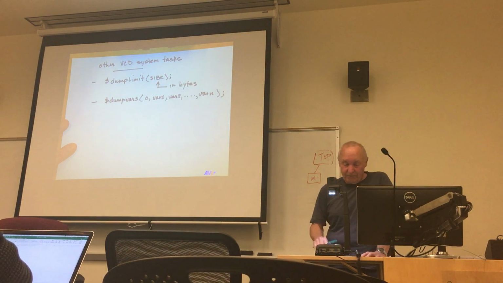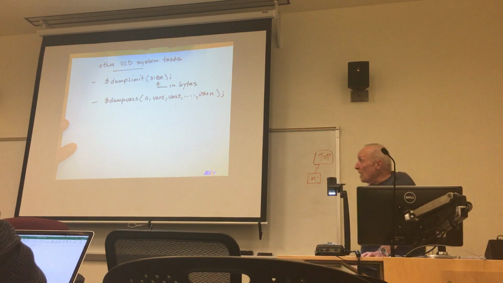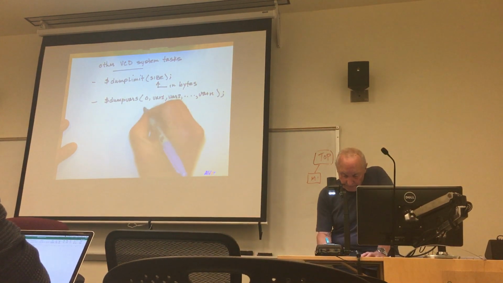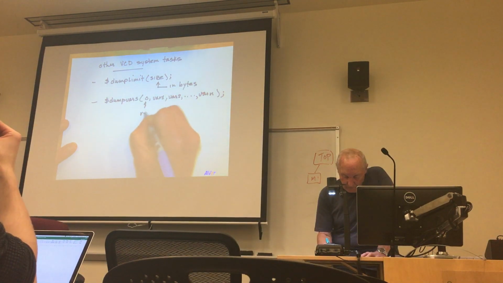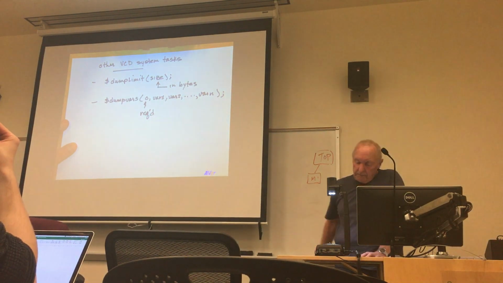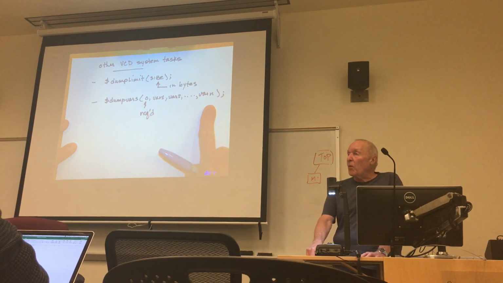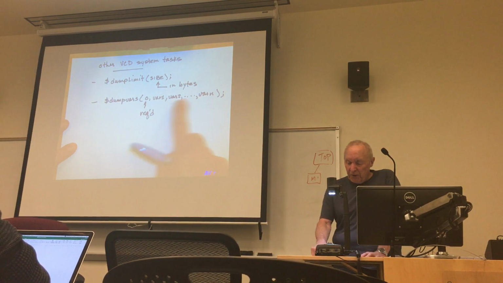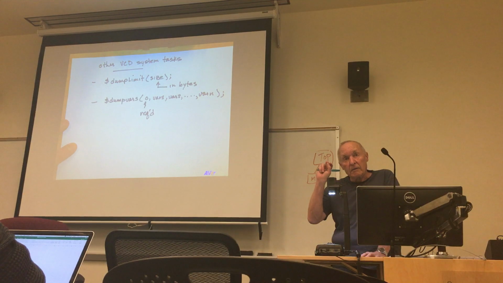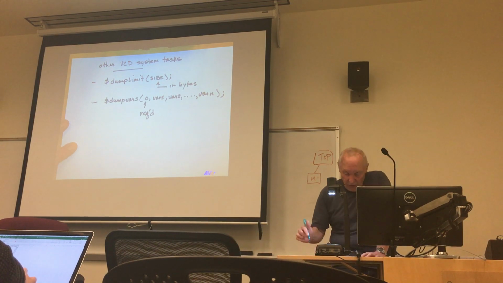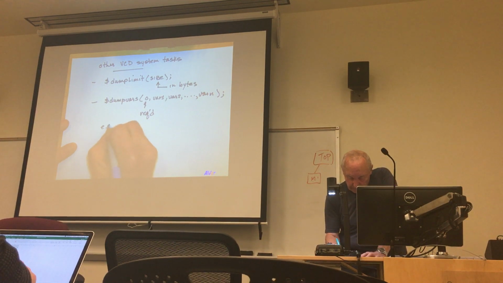Don't forget the terminating semicolon. In this version here, and this 0 is required, these may just be specific signal names that I want dumped. And what this would do then is just take these particular variables and put those in the value change dump file. Give you an example here.